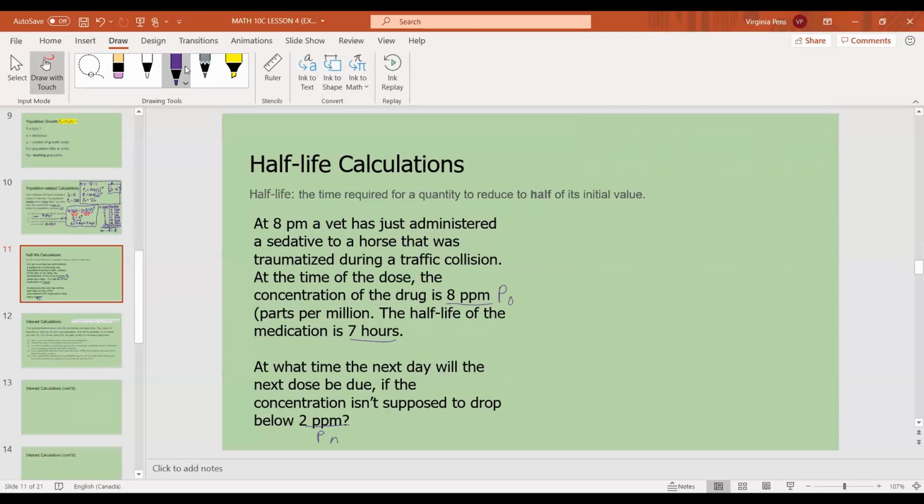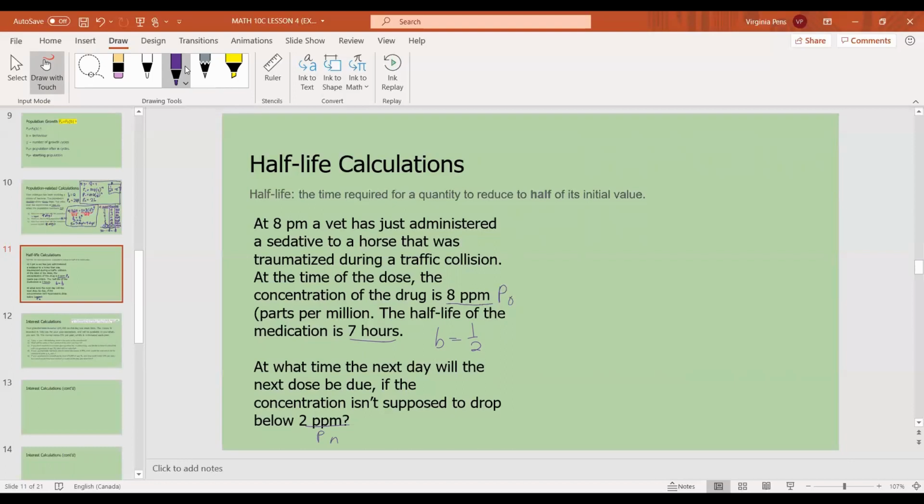Now, what are we looking for here? Are we looking for the Pn? No, the Pn has already been given to us. We're also given the behavior, which is just half-life: B is equal to 1/2. So we're actually looking for the G value. Since G is in the exponent, it makes it a bit harder, and we can't do it algebraically.